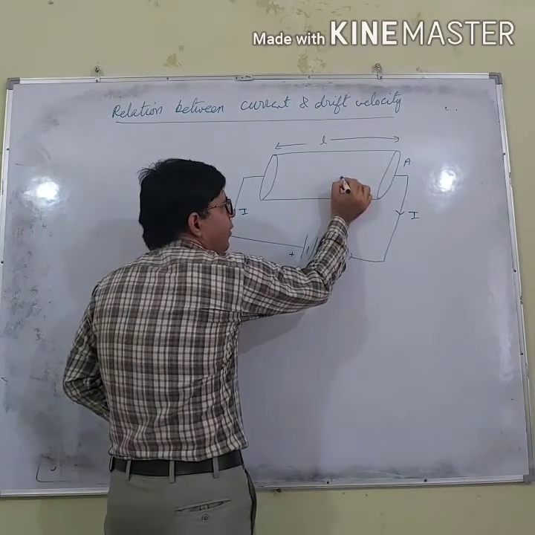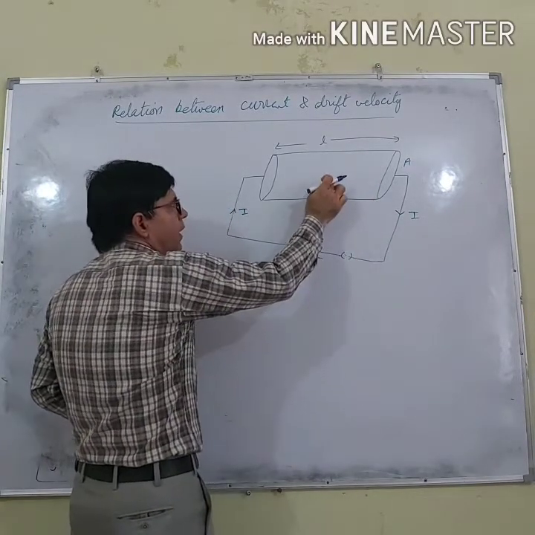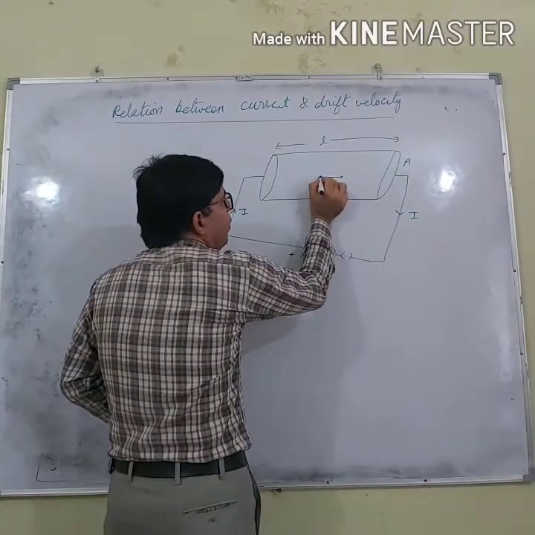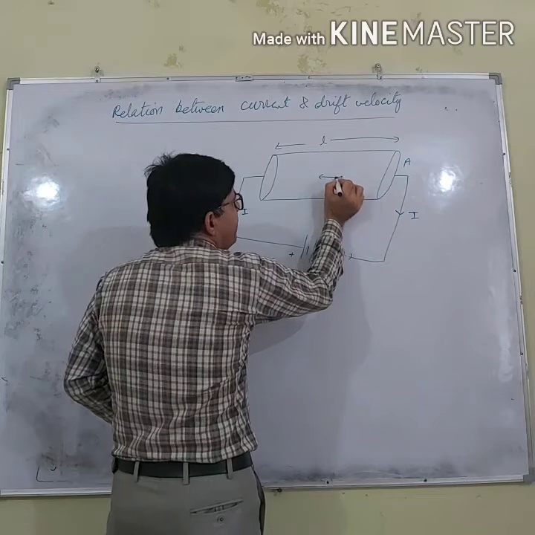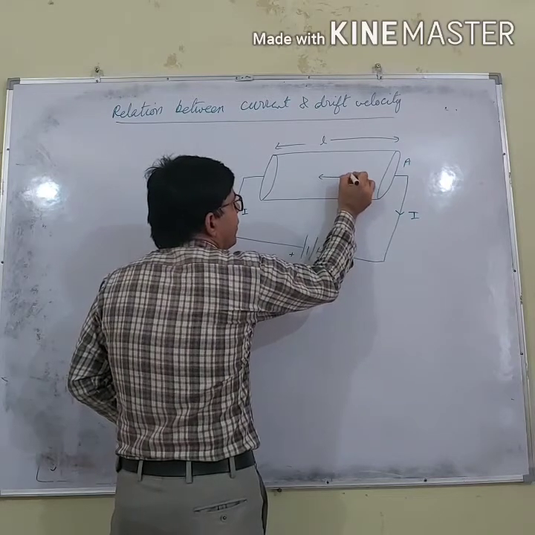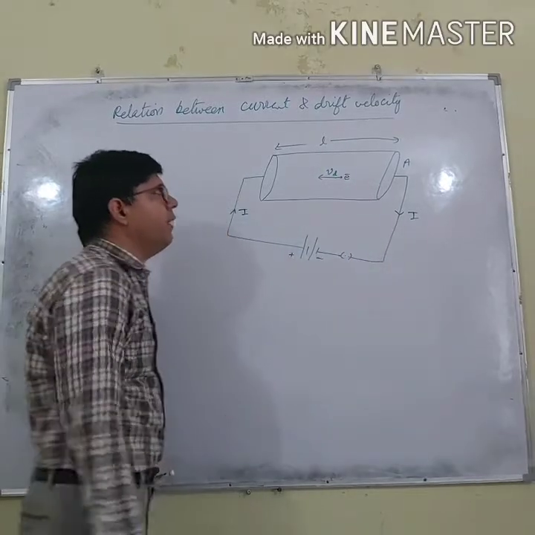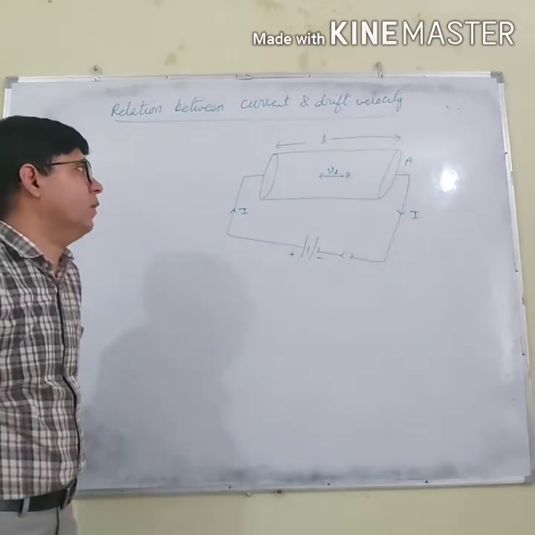Where will that electron move? The electron will be attracted by the positive terminal, so it will move in this direction with the velocity called the drift velocity.